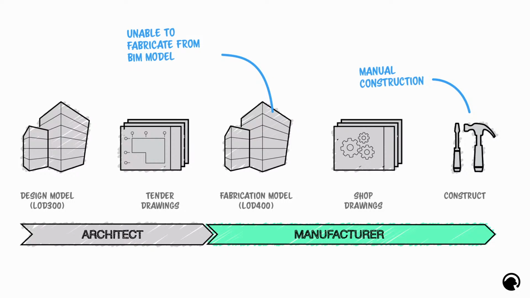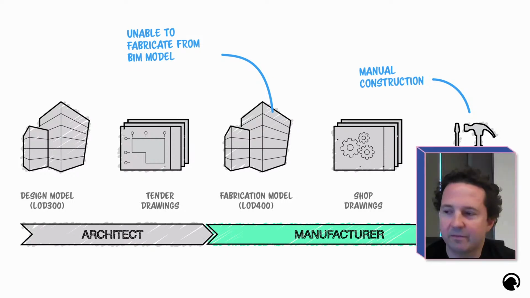And then you still have the issue that we're manually building stuff. So you can have a perfect digital workflow, but in the end we've still got the old way of building things. We get lost a bit in that, what's the end goal? Is BIM about doing something digital, or is it about getting a better built outcome?